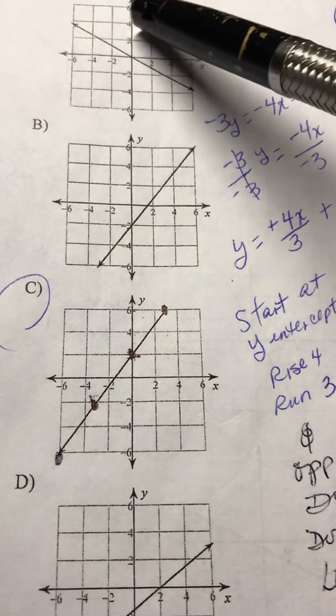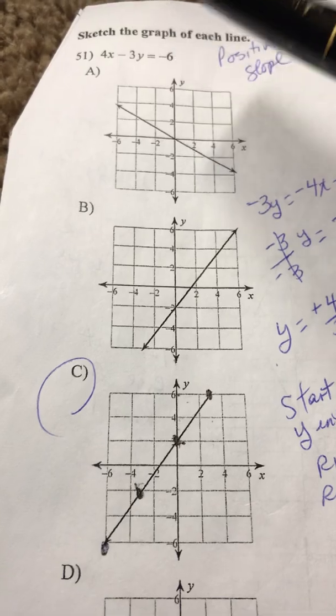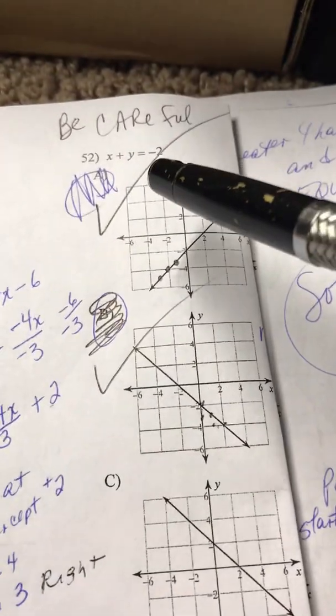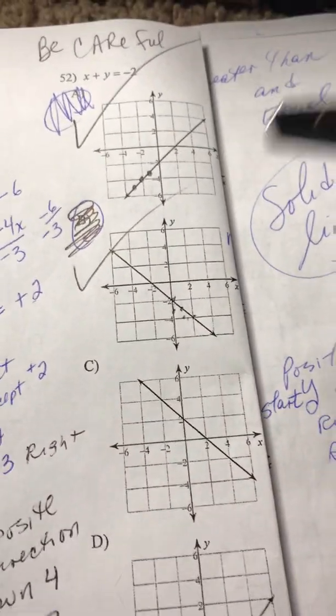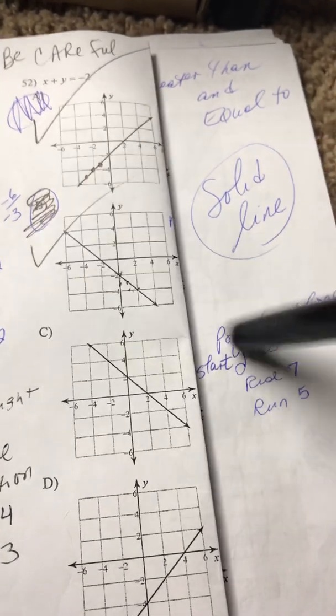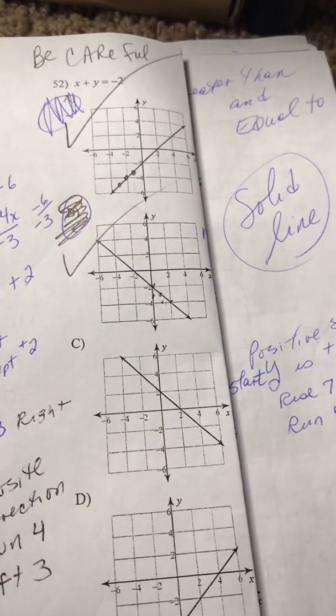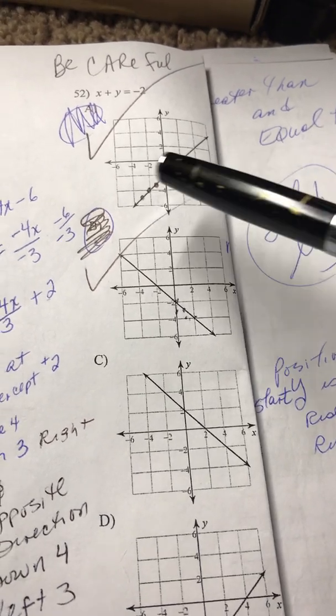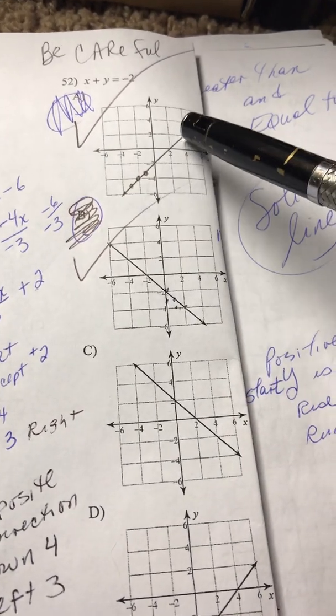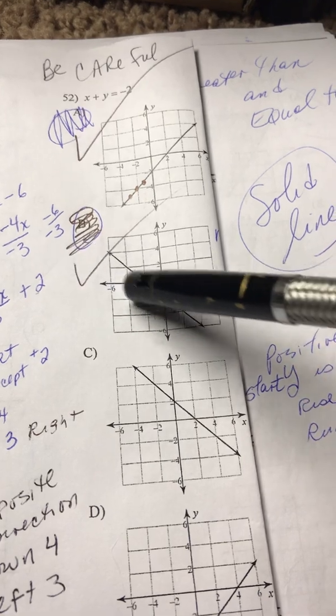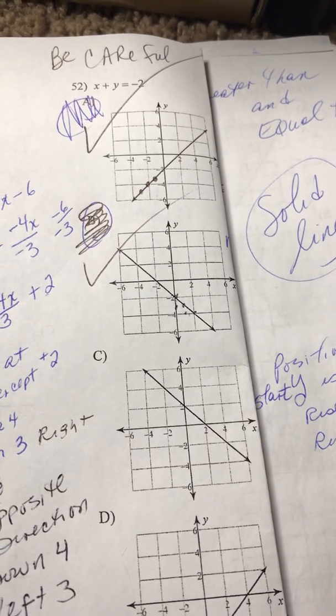For number 51, we have our answer is a positive slope. For number 52, it's a negative slope. So you're going to choose between these two slopes right here. It's a negative slope. Okay? You have to know the difference between a positive slope and a negative slope. All right?